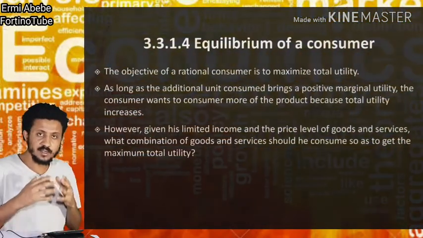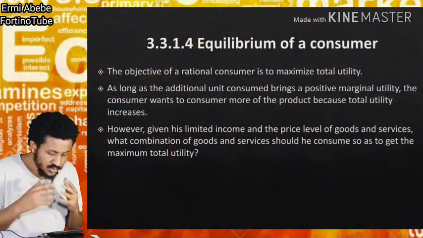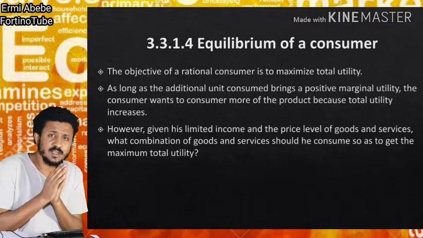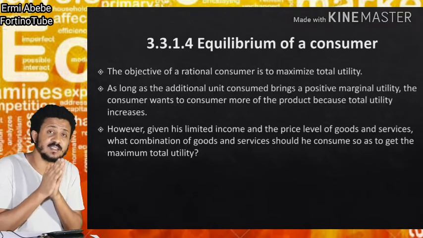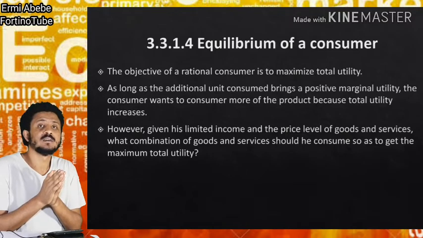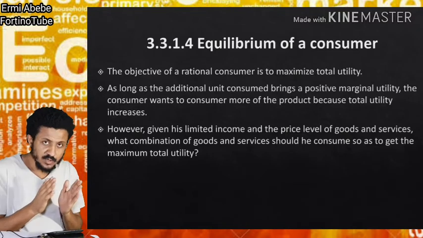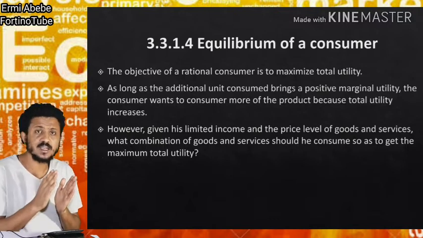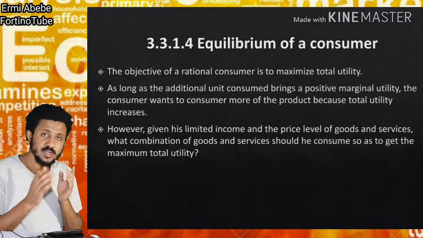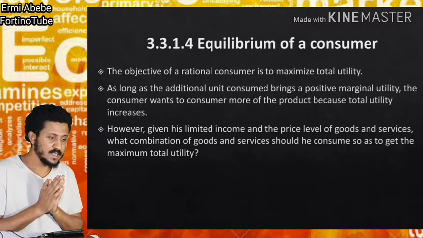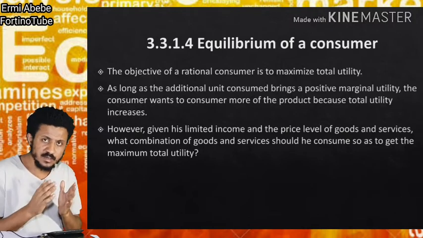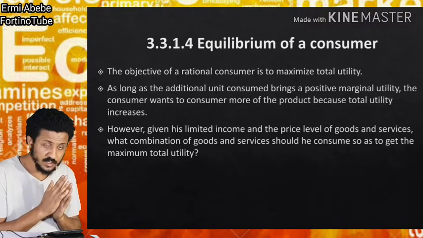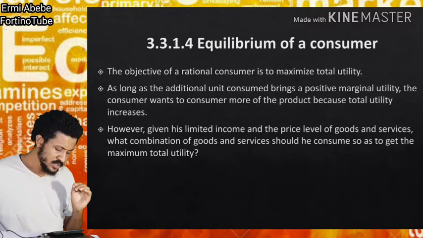The question now is where the consumer's equilibrium is. When we say consumption equilibrium, it means the point at which the consumer must stop consumption. After that she should not consume. Why? Because the consumer reached his or her equilibrium of consumption.